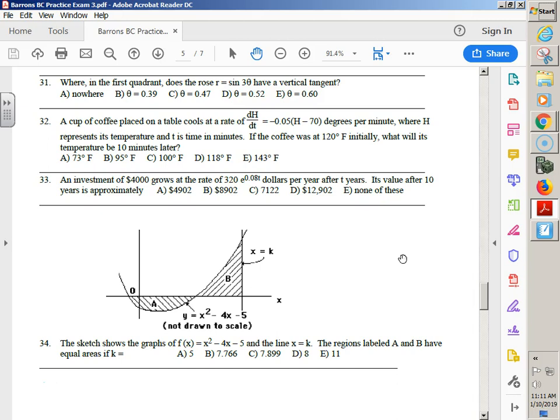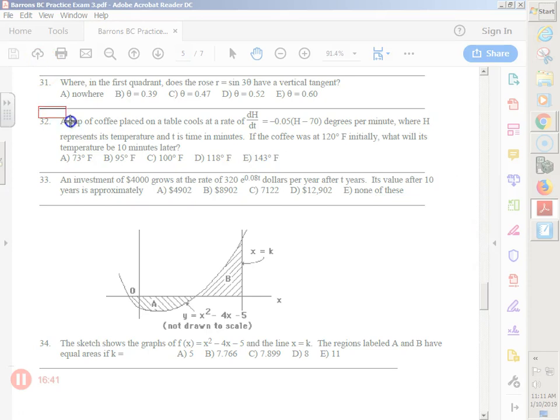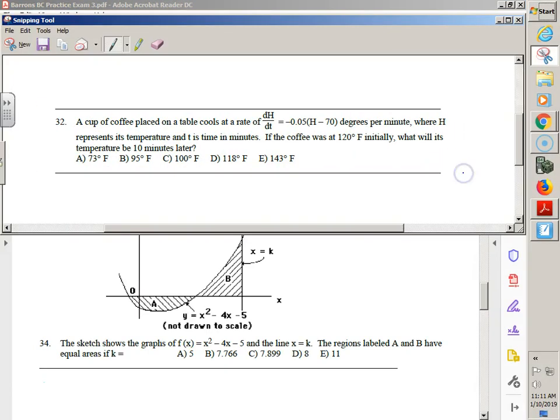I tried to integrate, but I couldn't figure out the bounds, because since H is temperature, it wouldn't be time. Well, I was saying if you were integrating by hand, you could. It didn't work when I tried to integrate.